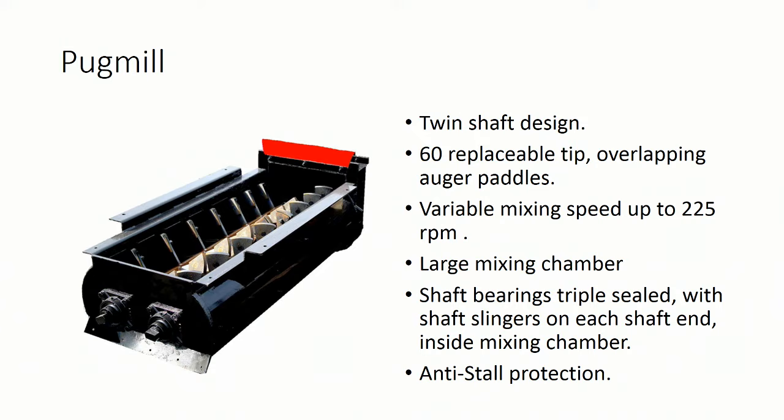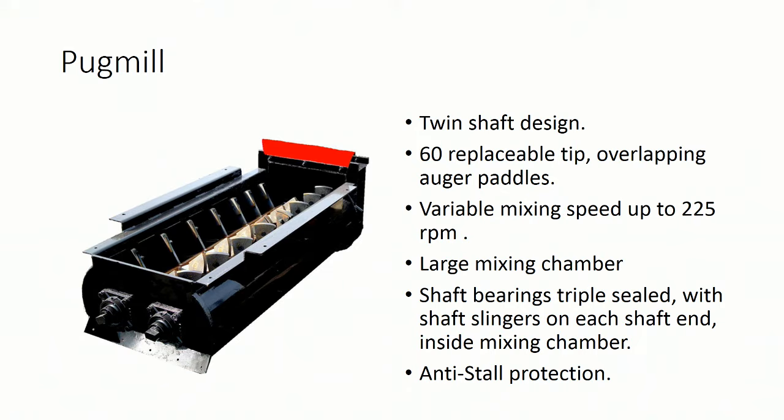Pug mill. This is a very large mixing chamber, and that's because we do such a variety of materials with this machine, from slurry seals through microsurfacing. We also provide an anti-stall protection where the operator doesn't have to watch a pressure gauge to see if it's getting towards the stalling point.